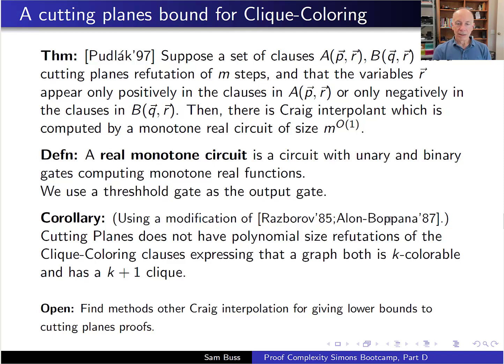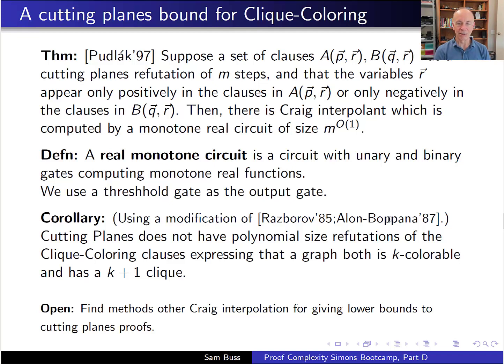And then the Razborov-Alon-Boppana lower bounds, the proof can be reworked to show the same type of lower bounds for real monotone circuits. And then as a corollary to the interpolation for cutting planes, and the lower bounds on real monotone circuits for separating graphs with large cliques of size M from graphs with colorings of size M-1, we get that cutting planes does not have polynomial size refutations.